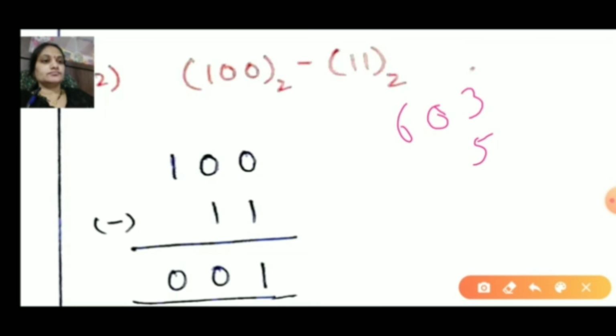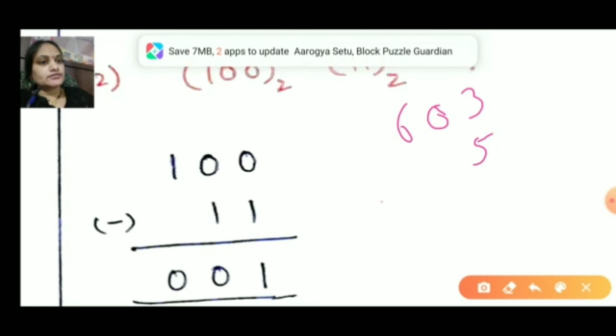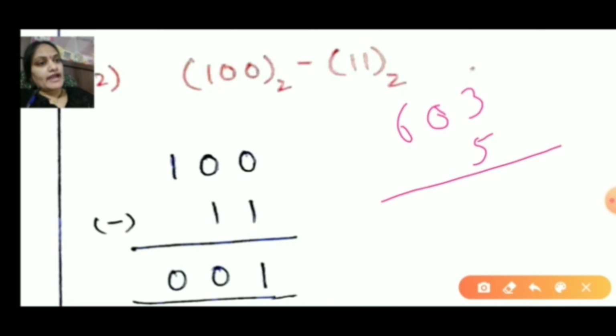How are you going to subtract? Here 5 is greater than 3, so you cannot subtract 5 from 3. That's why you have to take borrow.